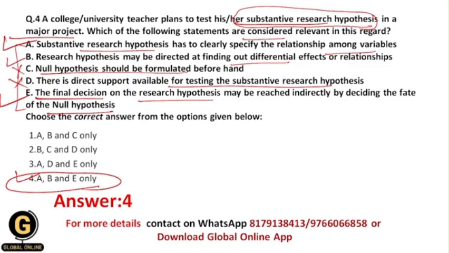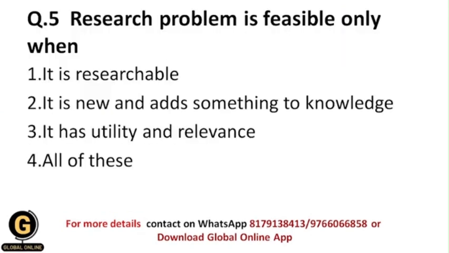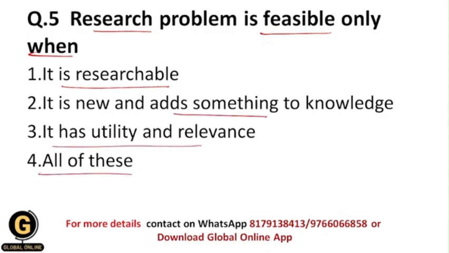are correct. Next is, research problem is feasible only when. So in which situations is a research problem feasible? When it is researchable, when it is new and adds something to knowledge, when it has utility and relevance, and all of these. So basically students, a research problem is feasible only when it is researchable.